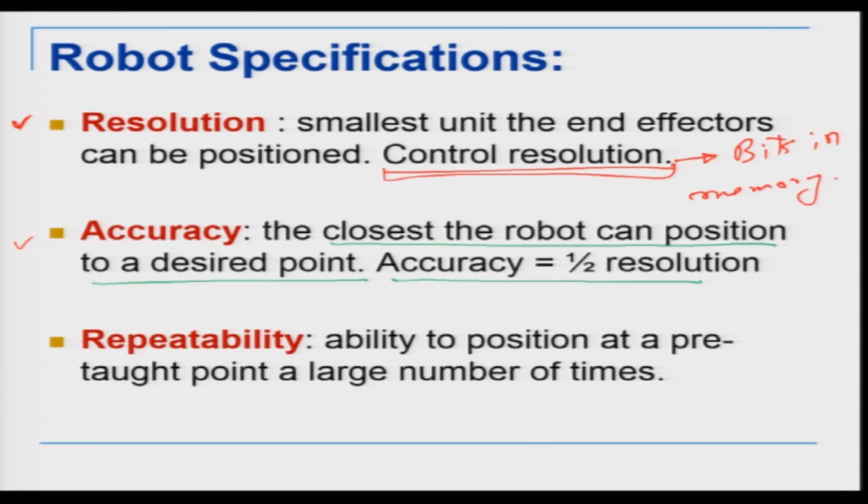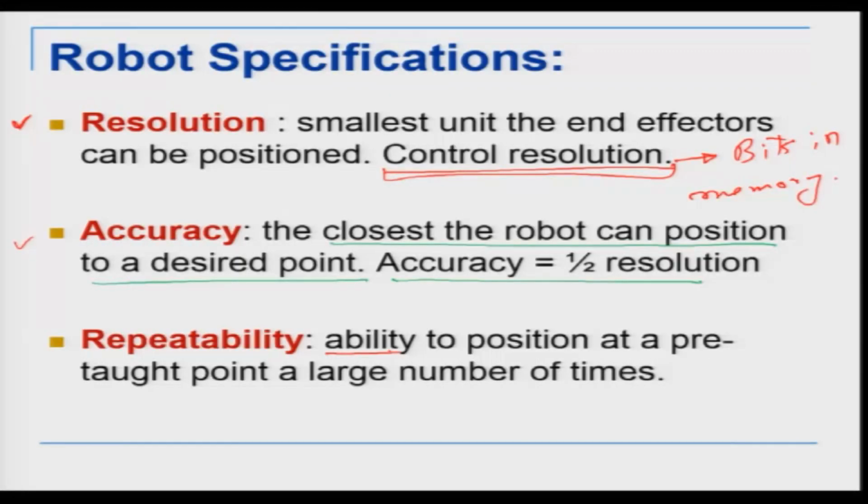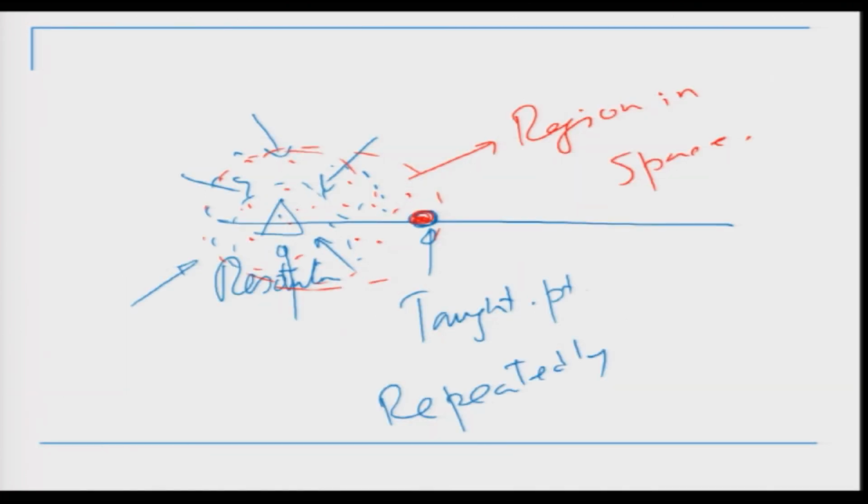So repeatability of a robotic system essentially means the ability, as given here, to position at a pre-taught point a large number of times. Okay. So in this particular case that I just drew here, this is my pre-taught point. I wanted to go here, but I went here for the first time.